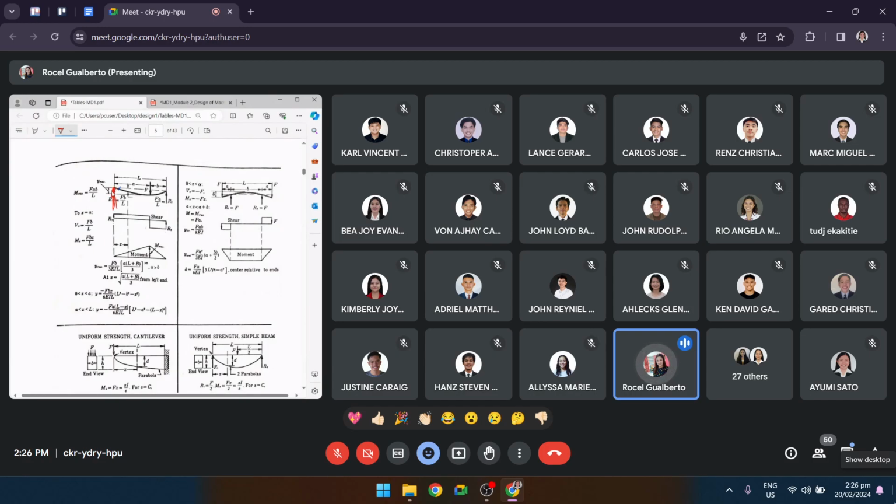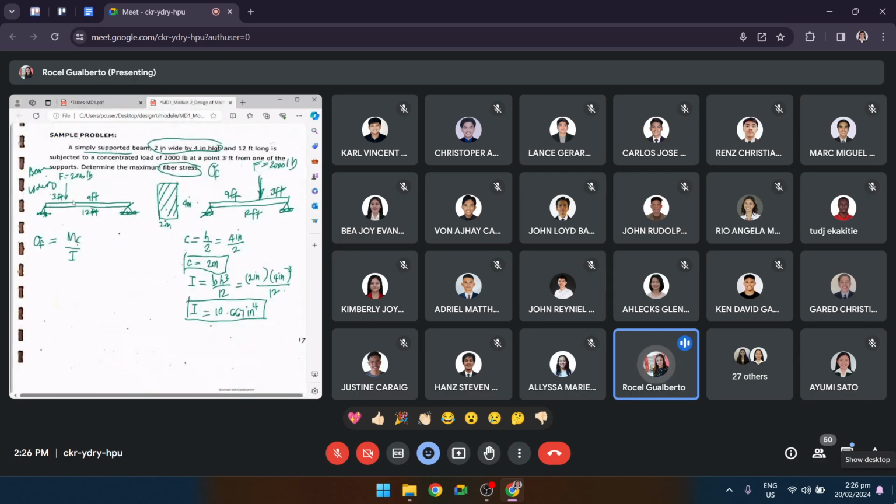So, you have here the reactions on the supports. And here is the load you apply, the force. Now, how is this similar with our sample? This is our sample.